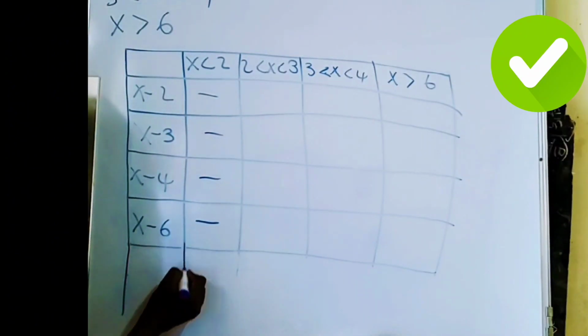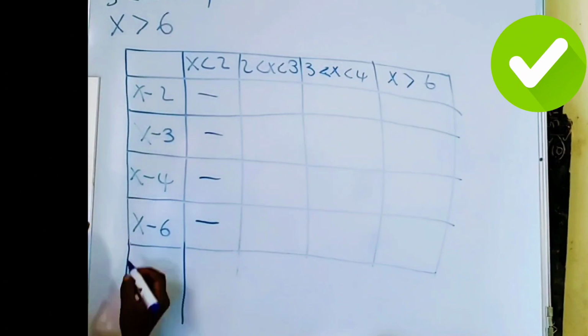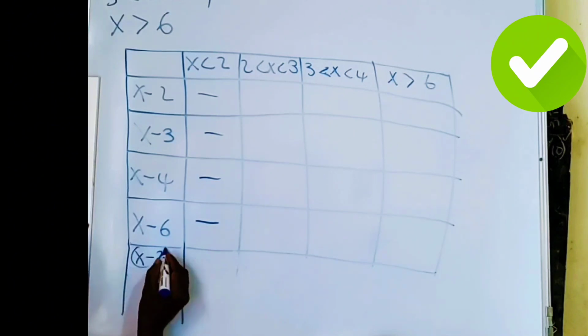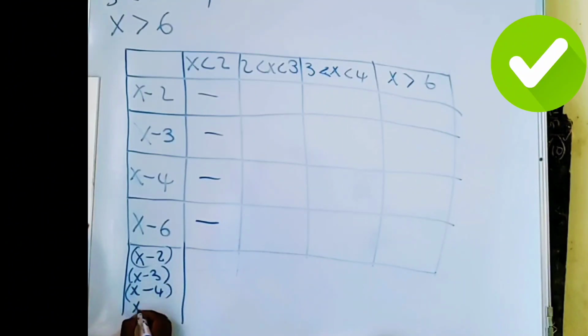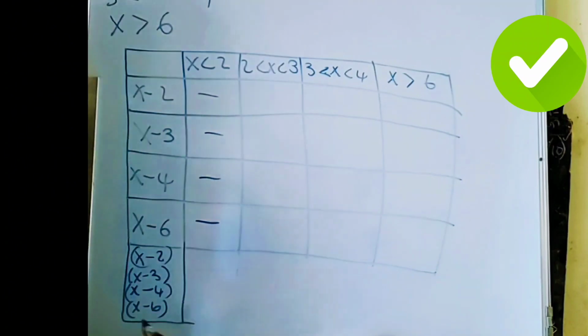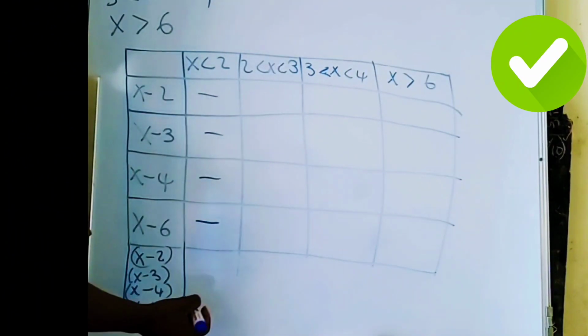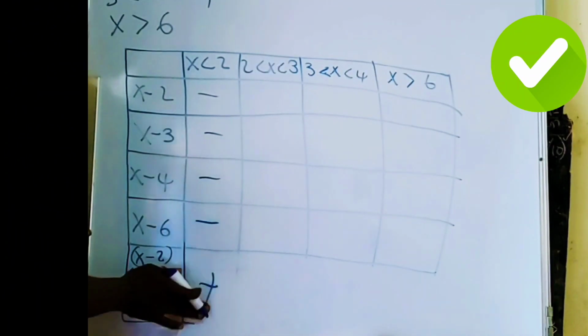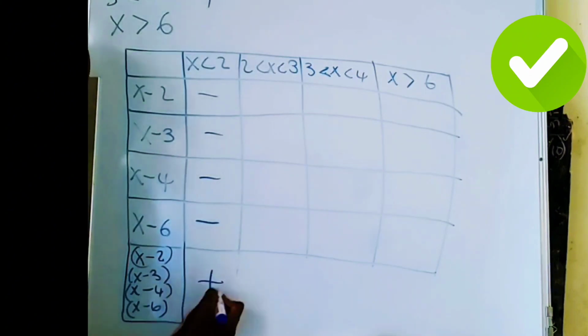We have the table that has the product of all our solutions. So the product of all these is a positive result.